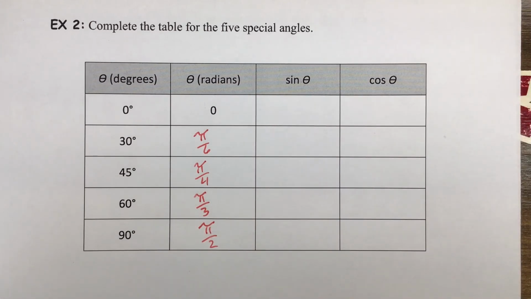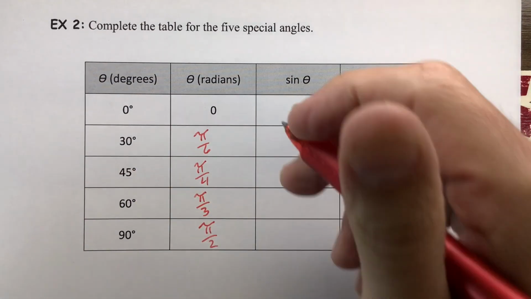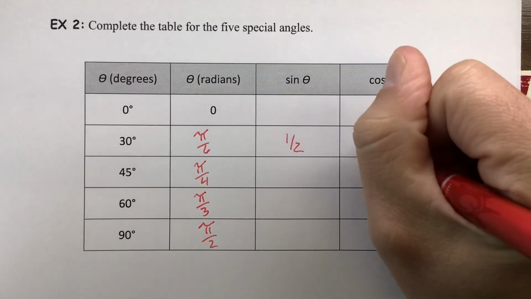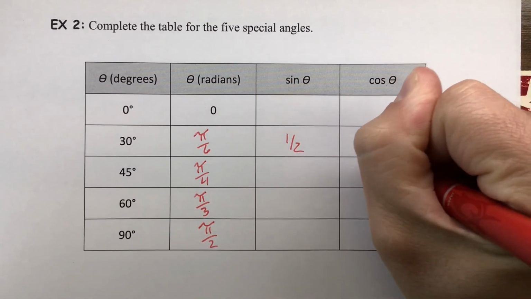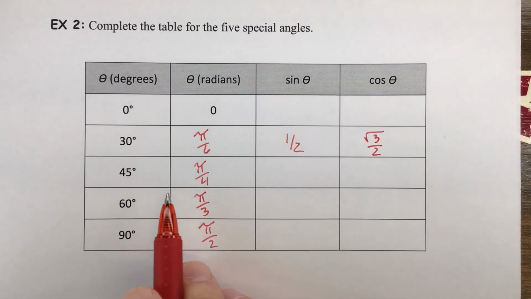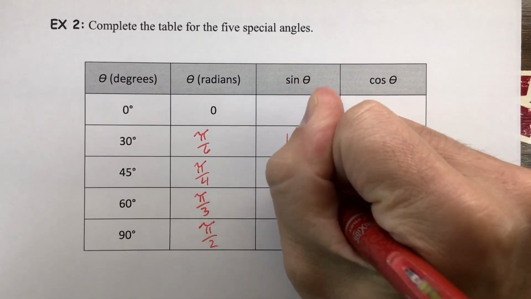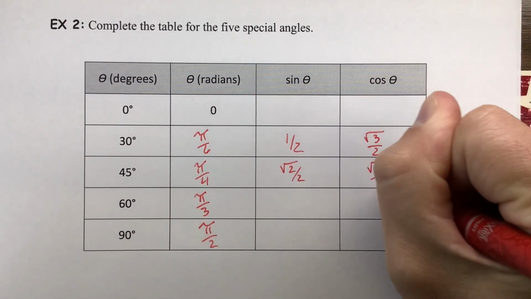They were proven previously. All right, so the sine of 30 degrees was 1/2. The cosine of 30 degrees was square root 3/2. The sine and cosine of 45 degrees was square root 2/2. Those ended up being the same.